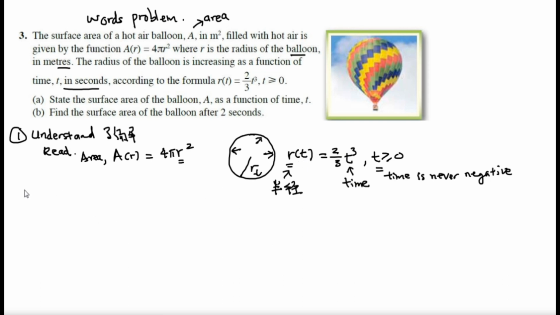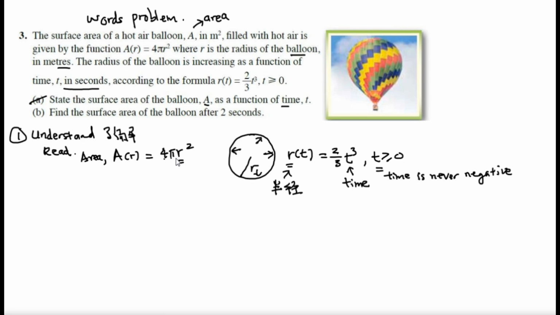And then A states the surface area of the balloon, A as a function of time. Now this area A is equal to 4 pi r squared. The surface area of the balloon is 4 pi r squared.